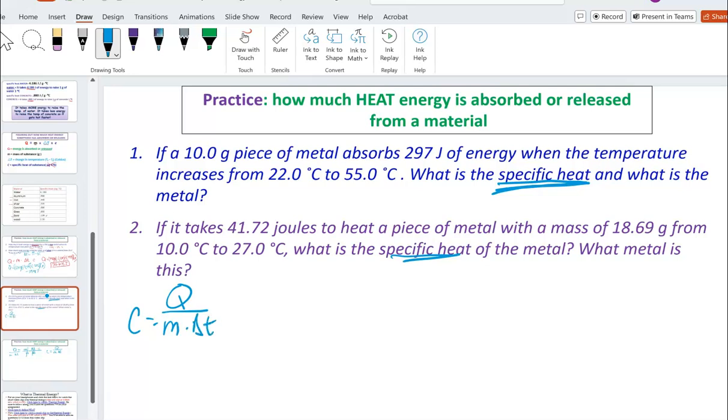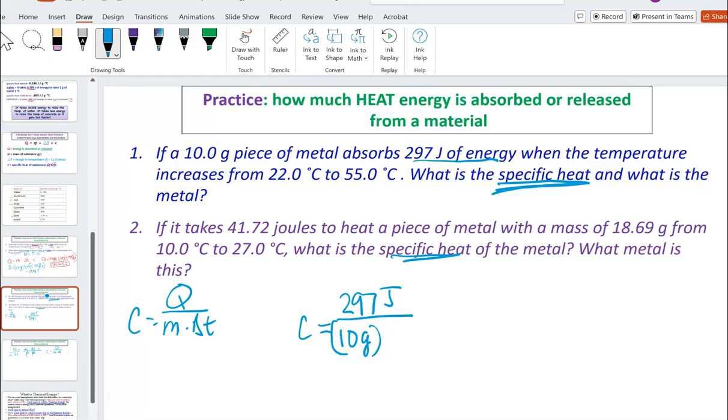Okay, it says if a 10-gram piece of metal absorbs 297 joules of energy when the temperature increases from 22 degrees to 55, what is the specific heat and what is the metal? So we're going to use this equation right here. C is equal to, this is energy, that's Q, 297 joules, divided by the mass, which is 10 grams.